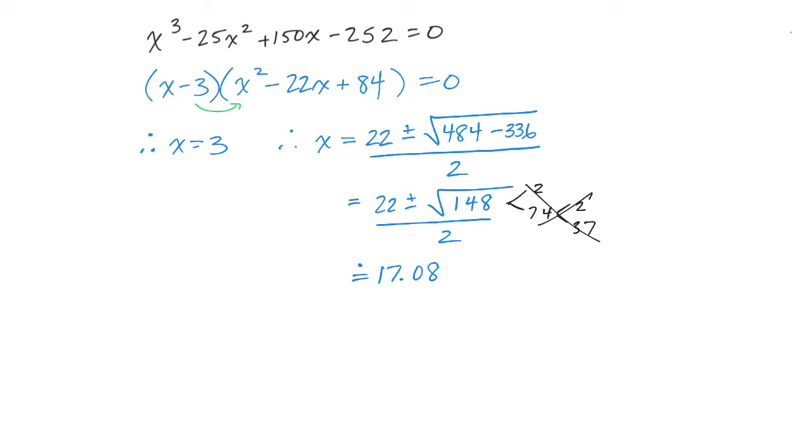I want you to pause the video right now, go through and calculate what your minus case should be. Give it a shot, see what you can come up with. Okay, I'm hoping that we're back, and you were able to come up with your 4.92. And there are 2 solutions.